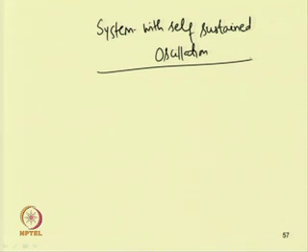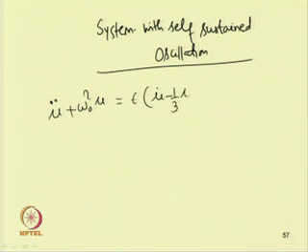So, let us consider the equation in this form, that is u double dot plus omega 0 square u equal to epsilon times u dot minus 1/3 u dot cube, plus, let us take the forcing term of the order of epsilon, epsilon f cos omega t.